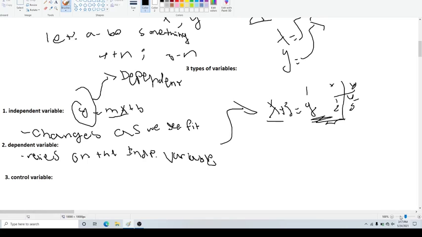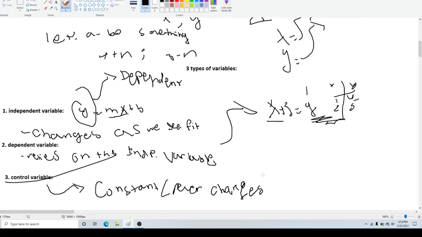And there's one more type of variable, and it's called the control variable. The control variable is a very special kind of variable because it allows us to set things constant. It's what we call a constant. It never changes.